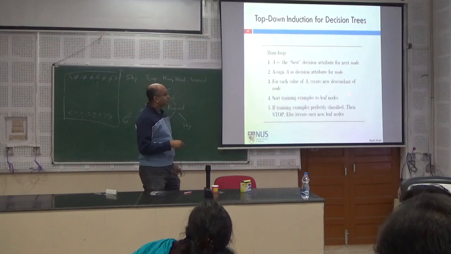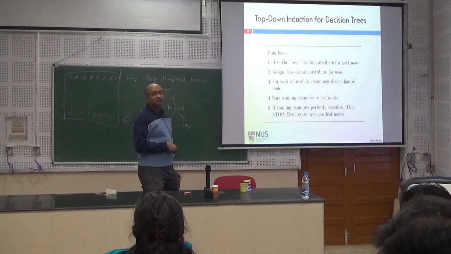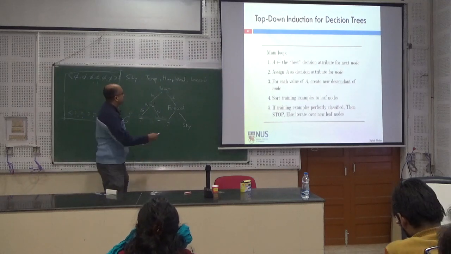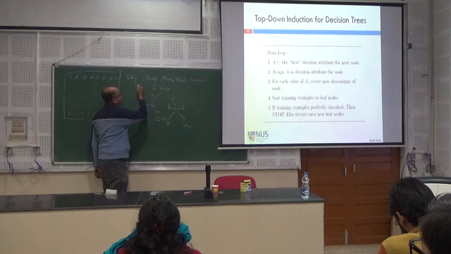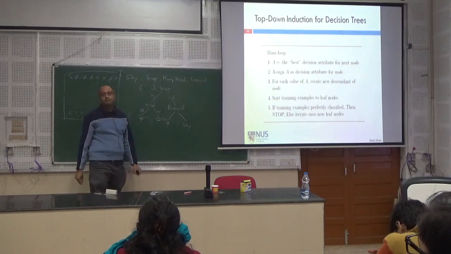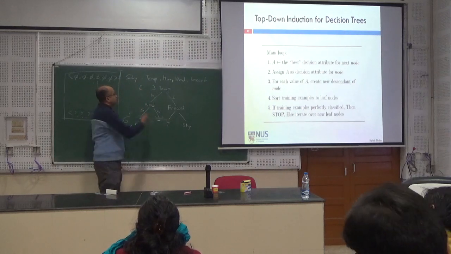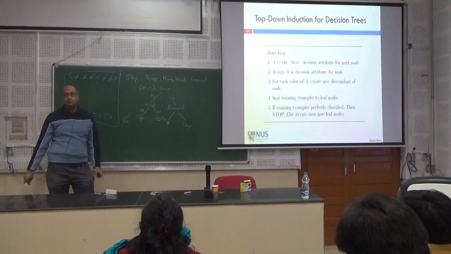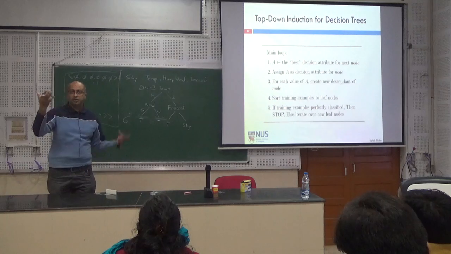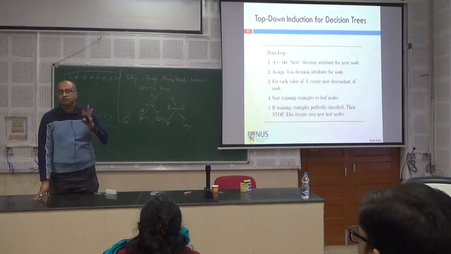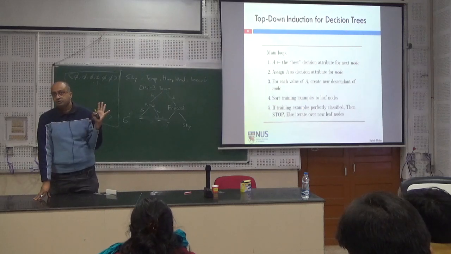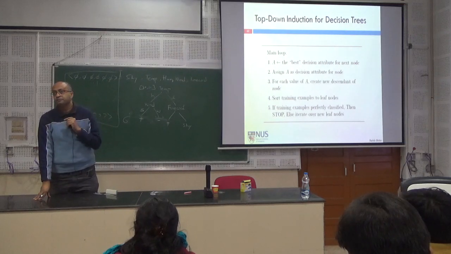And then we'll sort the training examples to the leaf nodes. So what does that mean? When I was here, in our previous example, what did we have? When we were doing that swimming thing, we had four training data: 3 positive and 1 negative.